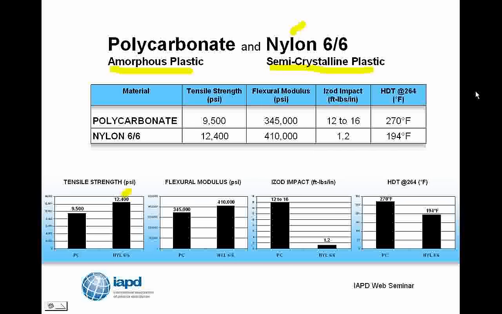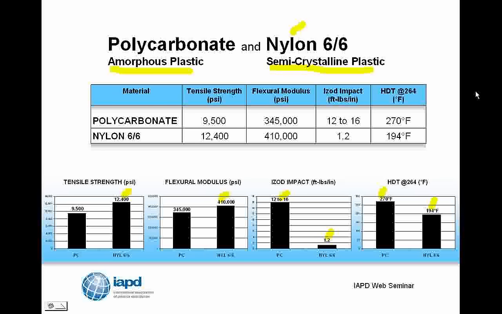When I go over to stiffness, I can see that the nylon is quite a bit stiffer. That being said, when I look at notched Izod impact, the nylon doesn't have nearly the impact strength of polycarbonate. It's quite a bit more brittle. When I go over to heat deflection temperature, the polycarbonate will withstand higher temperatures before it softens under load.